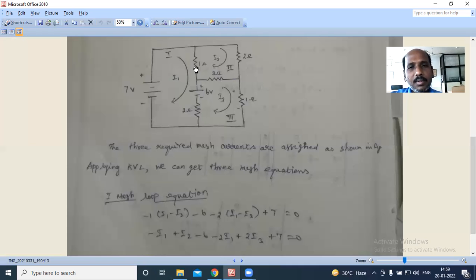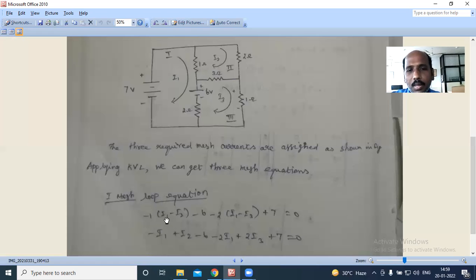First, the sign is negative. Since it is a resistor, blindly you can give a negative sign: minus 1 ohm resistor. So minus 1, then the current, since the drop is V equals I into R. The R value is 1 ohm.